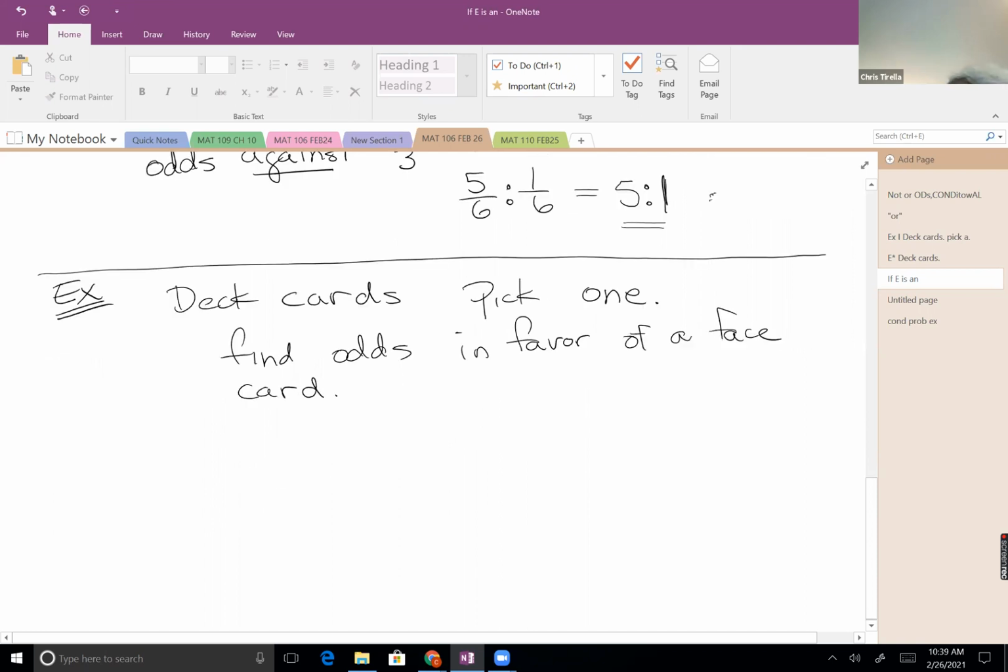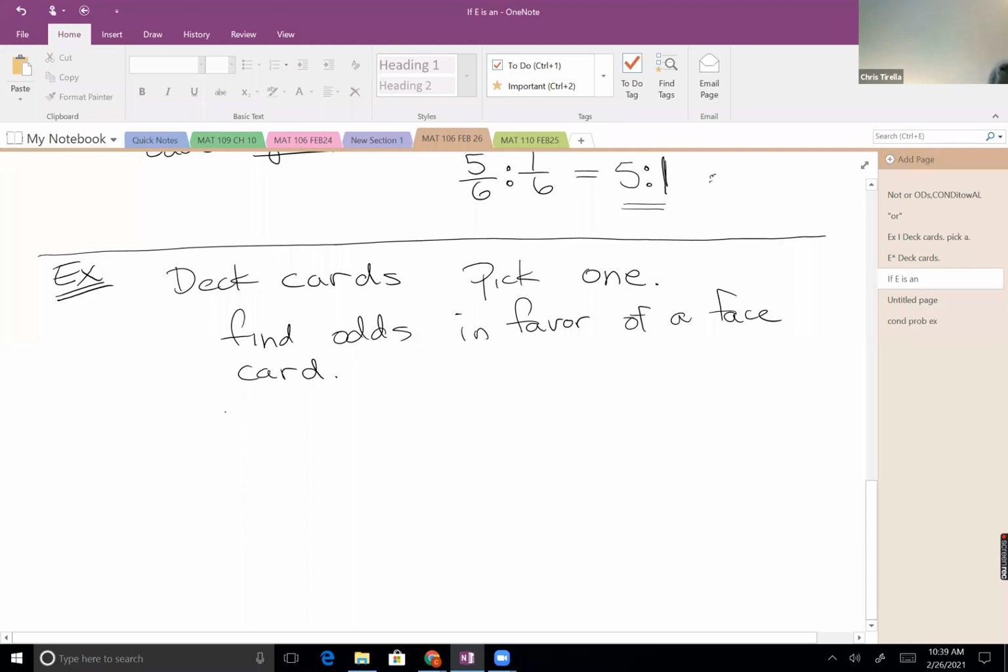And I'm going to be quiet for a minute and ask you guys to find for me the probability of a face, the probability of not getting a face, and then set up that ratio to find the odds in favor of a face.